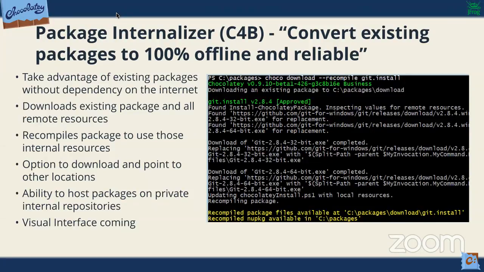But Package Internalizer is able to take those packages that do need internet usage at runtime and be able to completely internalize them so that they are 100% offline and reliable. And you can do that in 2 ways. When you run it, you can actually choose to have those binaries embedded into the package, or you could push those up separately and point to them on an Artifactory binary repository as well.